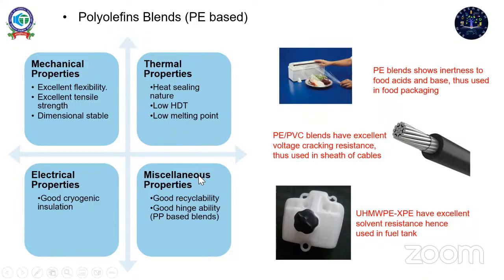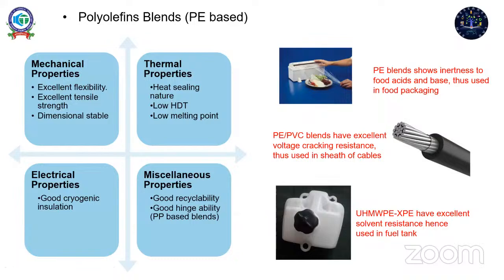These blends also have good recyclability and good hingeability. Hinging properties are inherent properties contributed by polypropylene based blends. Polypropylene has good hinge properties, so good hingeability can be achieved for polyolefin type blends.